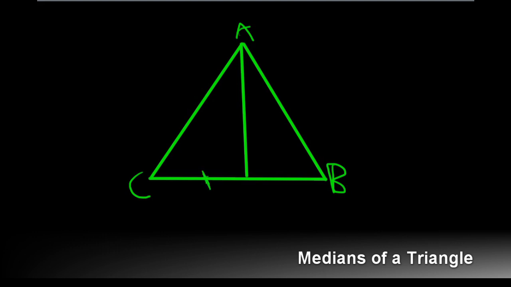So this length here would equal this length here, and what a median does is that it will divide the triangle into two equal areas. So this area here is equal to this area here.